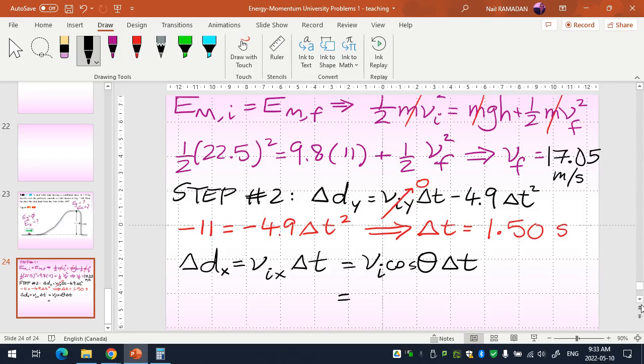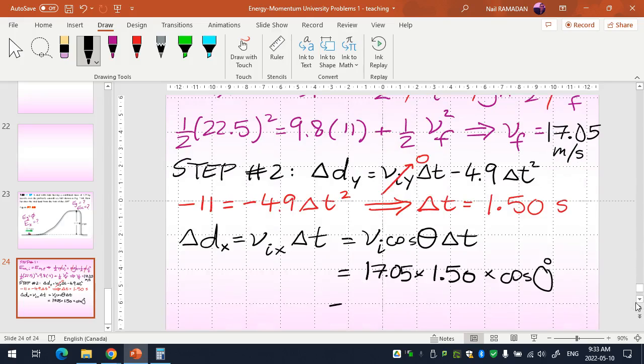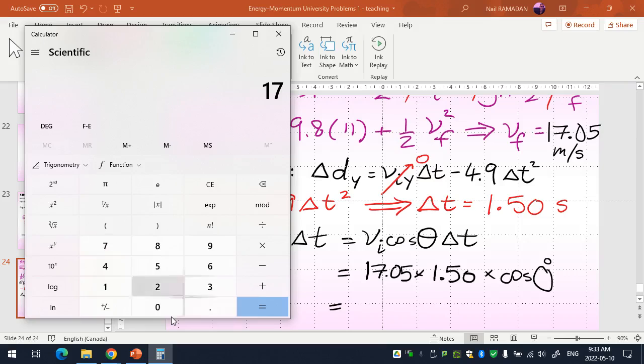Perfect. And what was the horizontal jump speed? Yes, the 17.05, not the old 22.5, that was at the base. So 17.05 times 1.5 seconds in the air times cosine of 0, which is really a positive 1. They would land at 25.6 meters off the cliff.